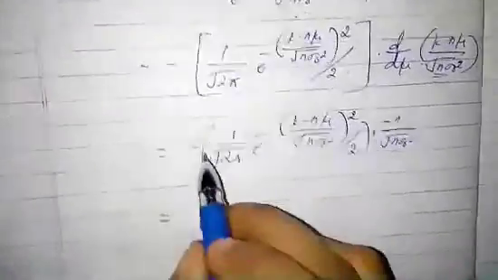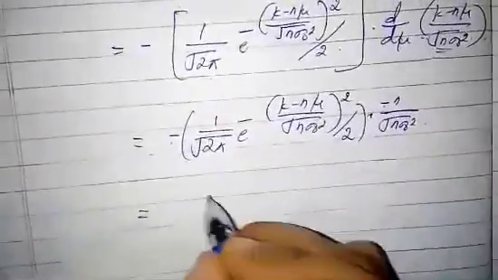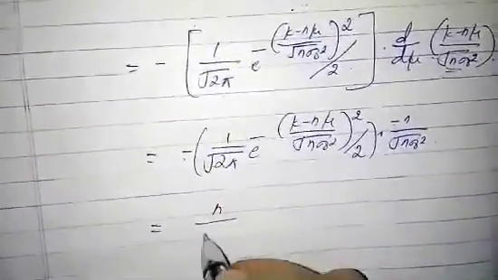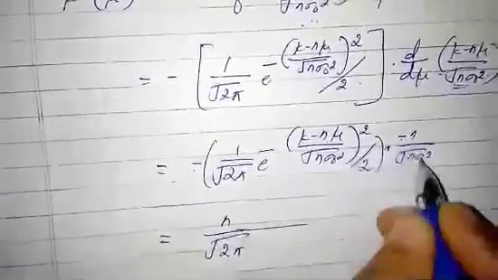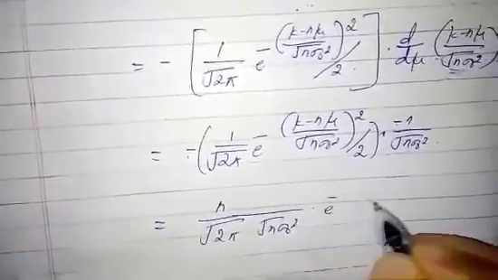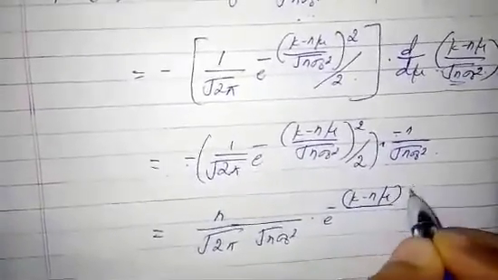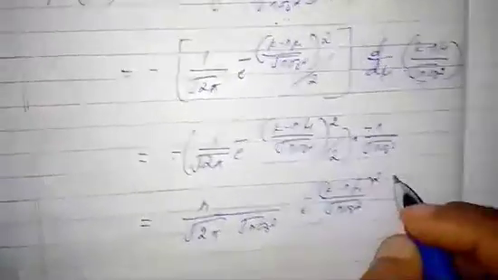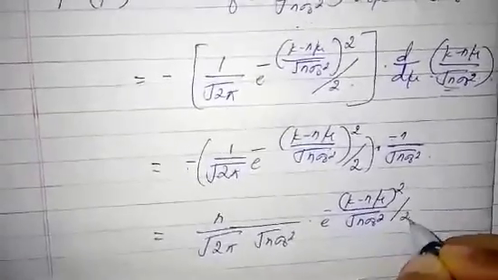Minus into minus is plus, so we can write it as n divided by square root of 2 pi times square root of n sigma naught square, into e power minus k minus n mu divided by square root of n sigma naught square, whole square, divided by 2.